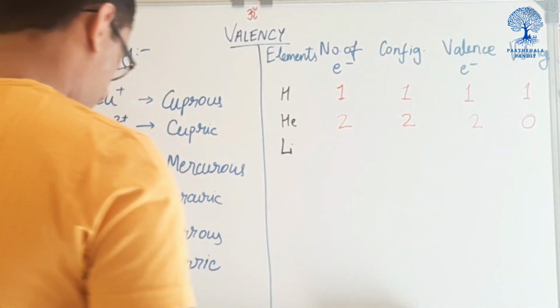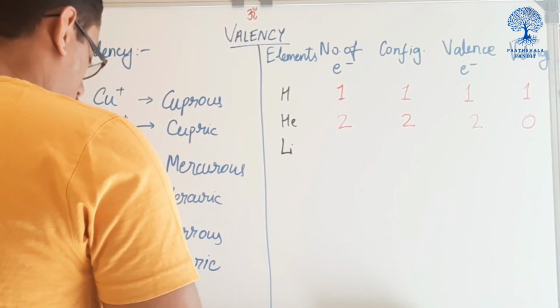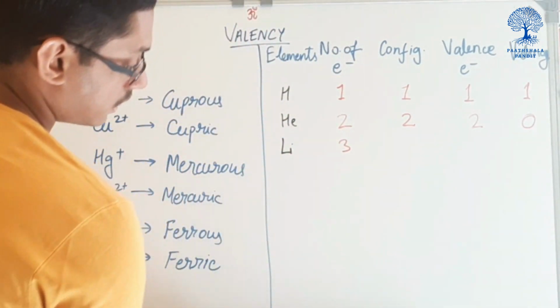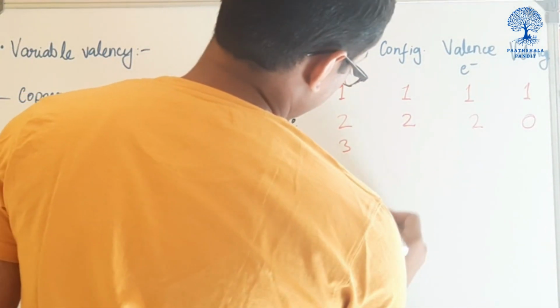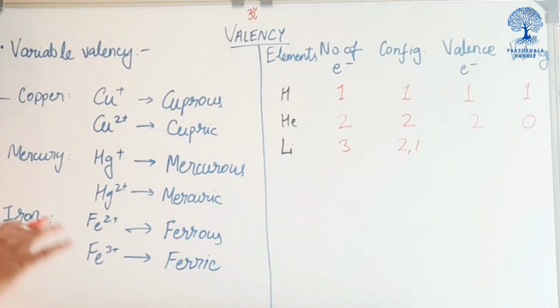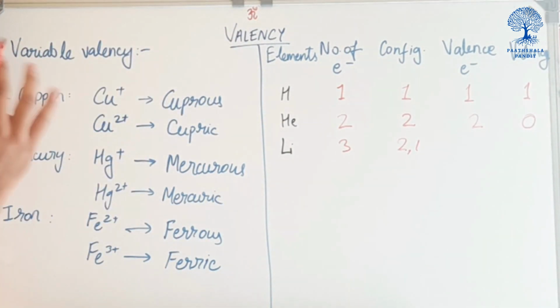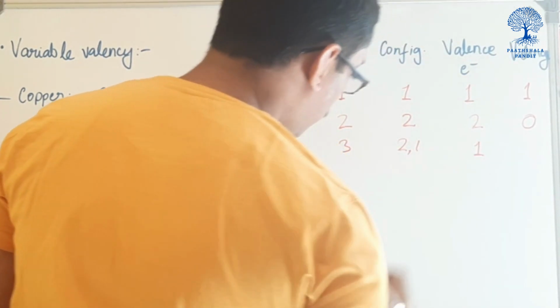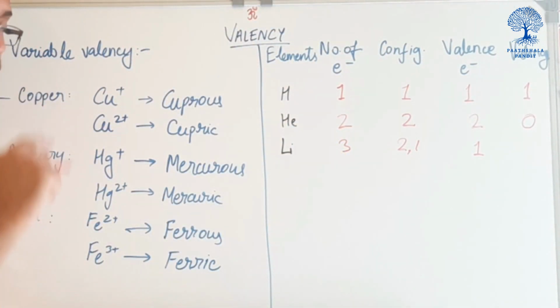Lithium, the number of electrons is 3. Okay, then the configuration is 2, then 1. The first orbit is complete, the second orbit is now unlocked. 2, 1. Valence electrons 1, because the outermost orbit now has only 1 electron.